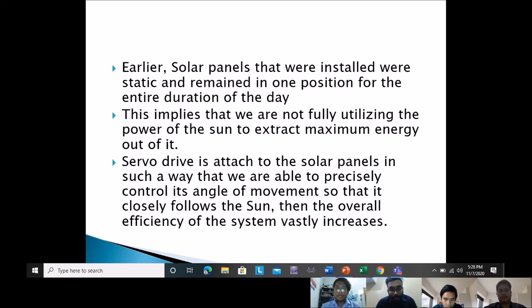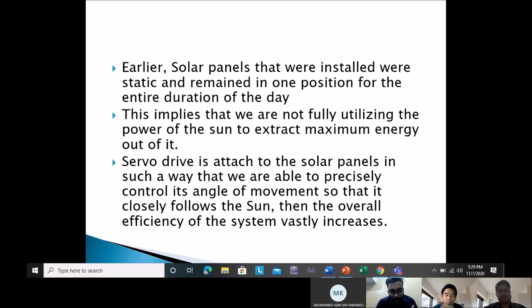Earlier, the solar panels that were installed were static and remained at one position for the entire duration of the day. Like you can see, the last time we used the solar panel, it would be facing one place all the time during the day. But when we attach the servo drive to the solar panel, it will follow the sun. Wherever the sun goes, the solar panel will follow the sun.